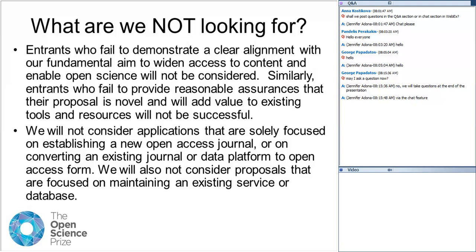So if you fail to provide assurances and document how your proposal is novel, it will not be successful. We will not consider applications that establish a new open access journal or convert an existing journal or data platform to an open access form, and we will not consider proposals that are focused on maintaining an existing service or database.